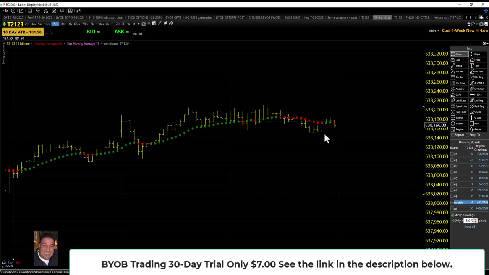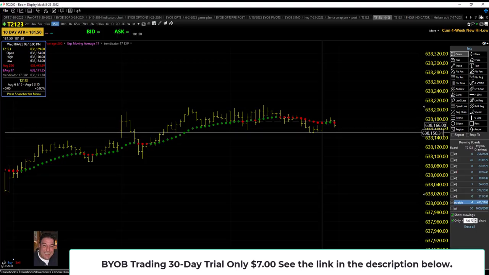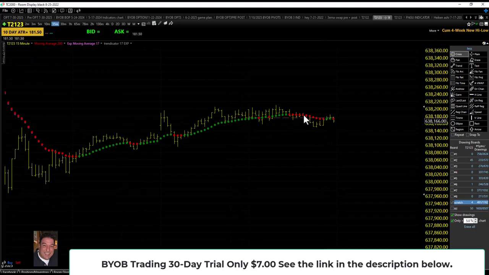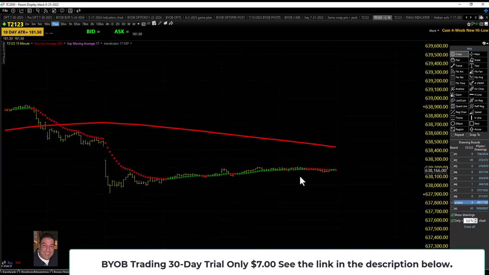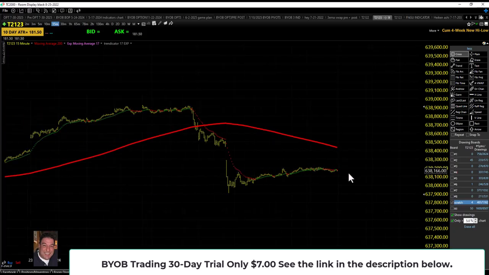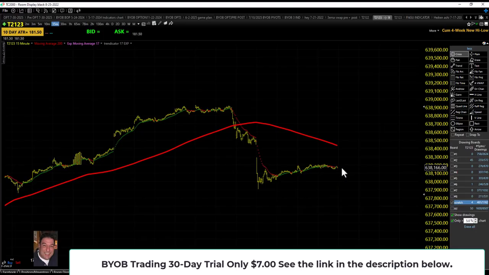So we're in a downtrend on the 15-minute chart. We left off with a 15-minute downtrend, and we're showing a bear flag, and we're underneath the 200 SMA there. We'll see where we're heading off tomorrow.